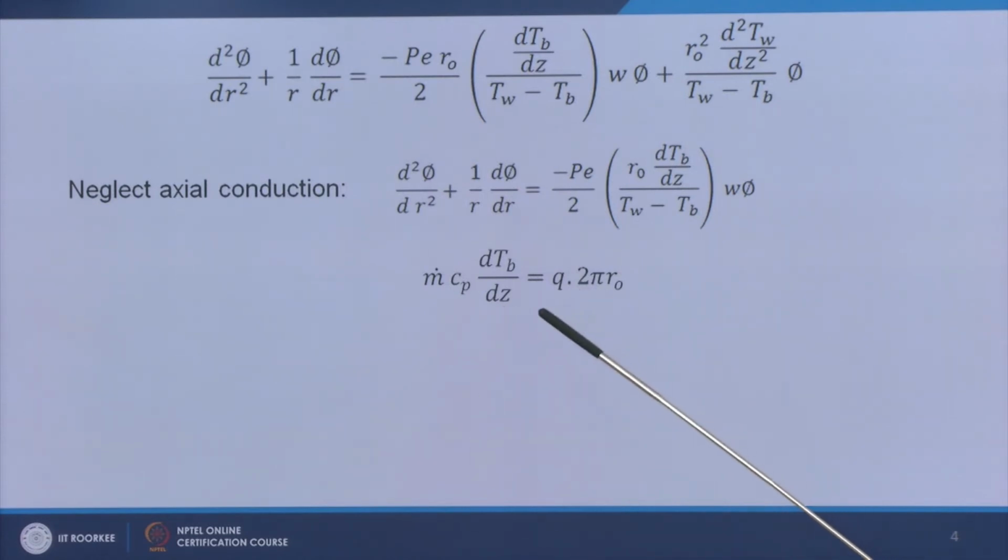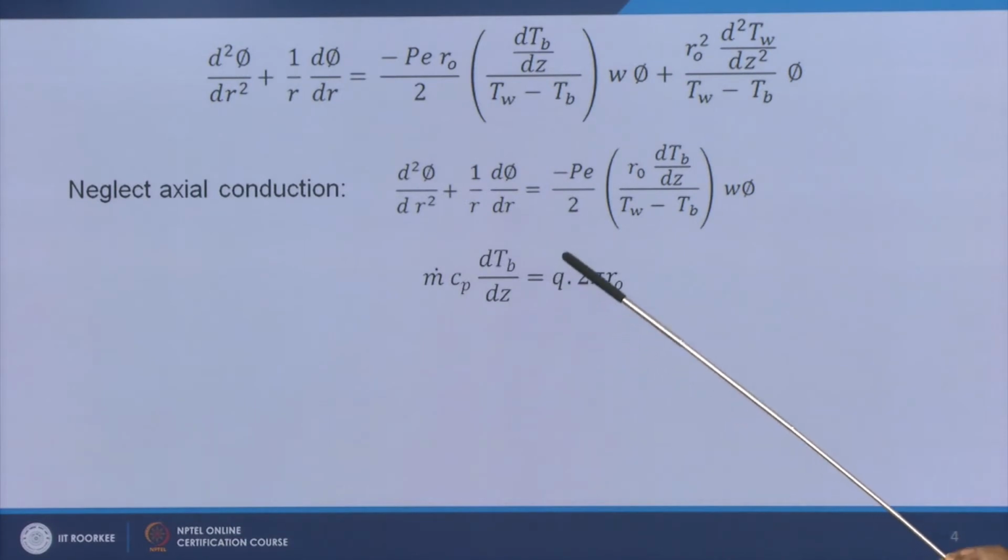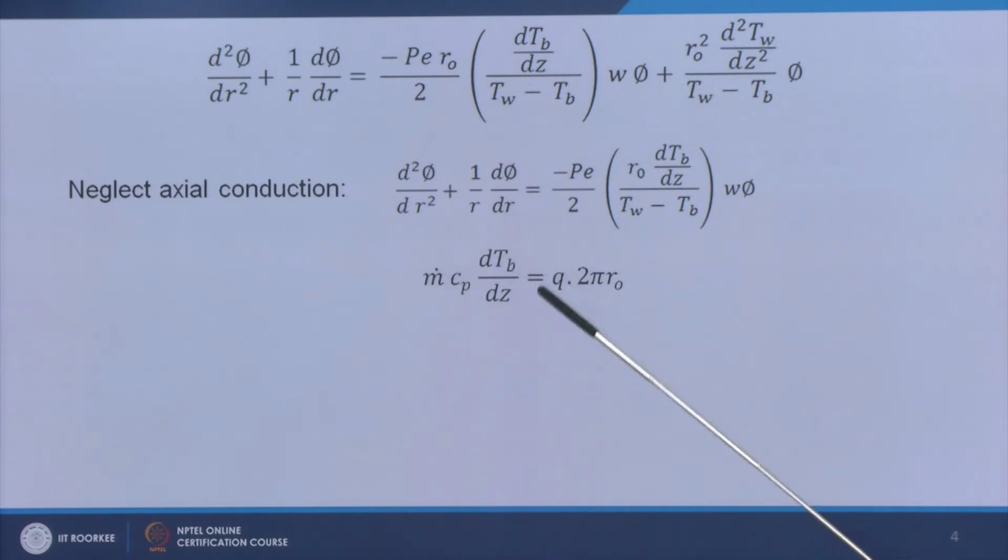Let us say the fluid element is surrounded by an electrical or heating coil which is supplying heat flux Q. This heat flux Q will be received through 2 pi r0, the perimeter, into dz. So 2 pi r0 into dz is the actual area through which heat is supplied to the fluid element, and the temperature change the fluid element undergoes is m Cp into dTb.